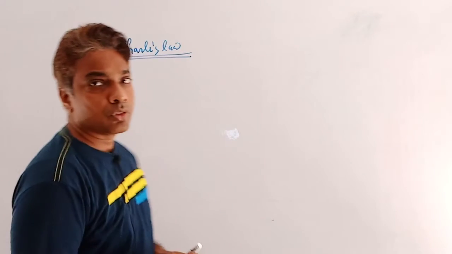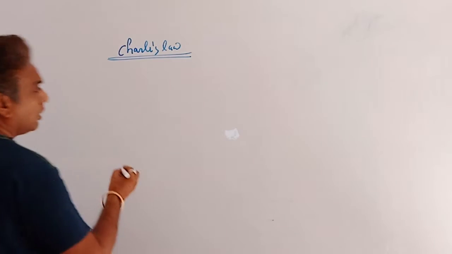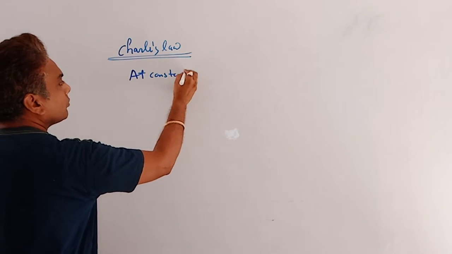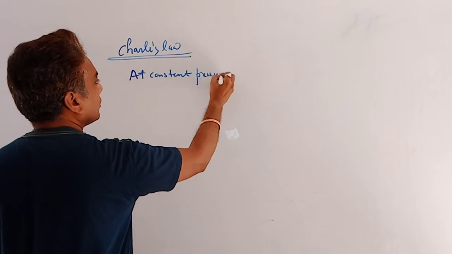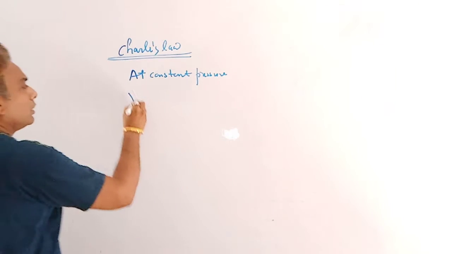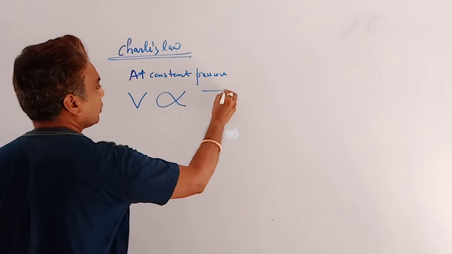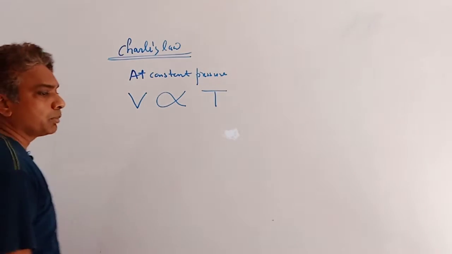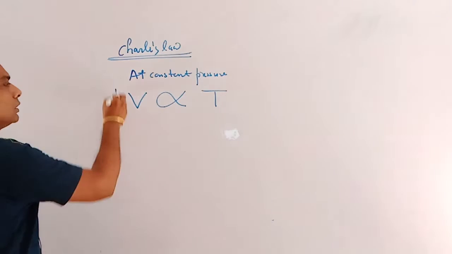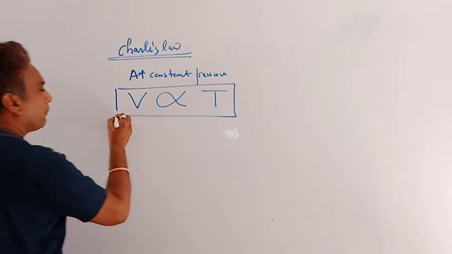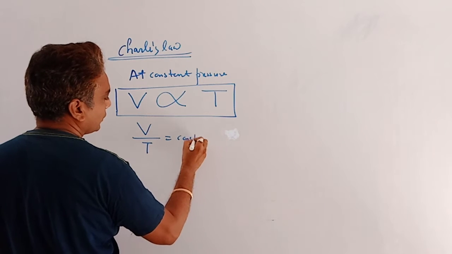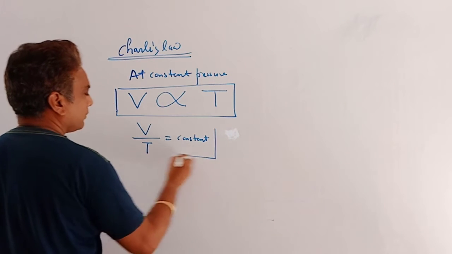Clear? So if at constant pressure, the volume of gas is V, then it is directly proportional to absolute temperature. Absolute temperature means temperature in Kelvin. So here V is directly proportional to T. So we have V upon T equal to constant. Clear?